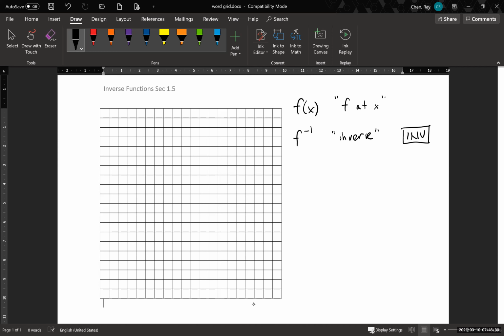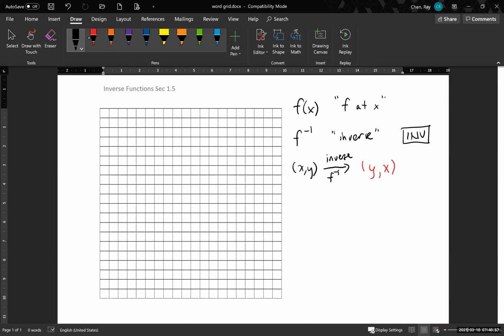Let's go with a specific definition. If we have an ordered pair, x comma y, and if we want to perform an inverse transformation, and technically I should write f to the negative 1, so the inverse, what you're going to see is the swapping of the x and y coordinates. Notice what's written, y comma x.